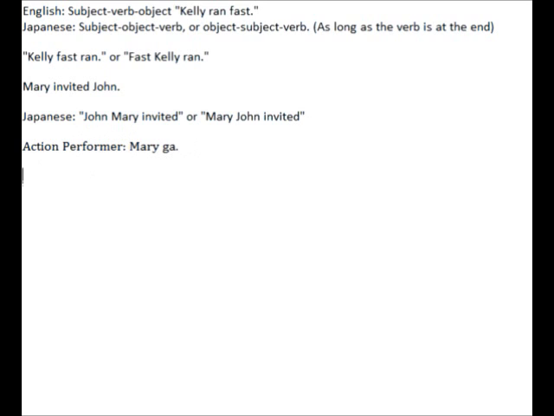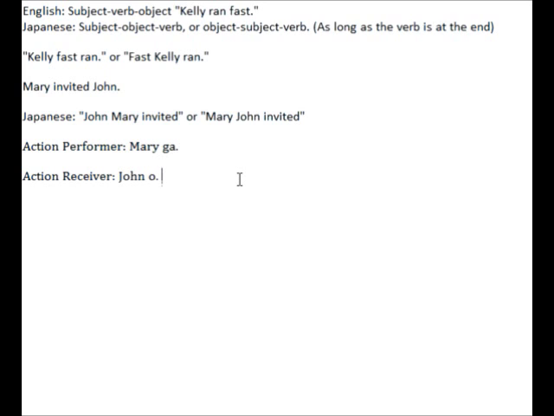Alright, and the participle for the action receiver, or the person that the action is being done to, would be o. In this case, it'd be John. So, action receiver, John o. So you'd say that.